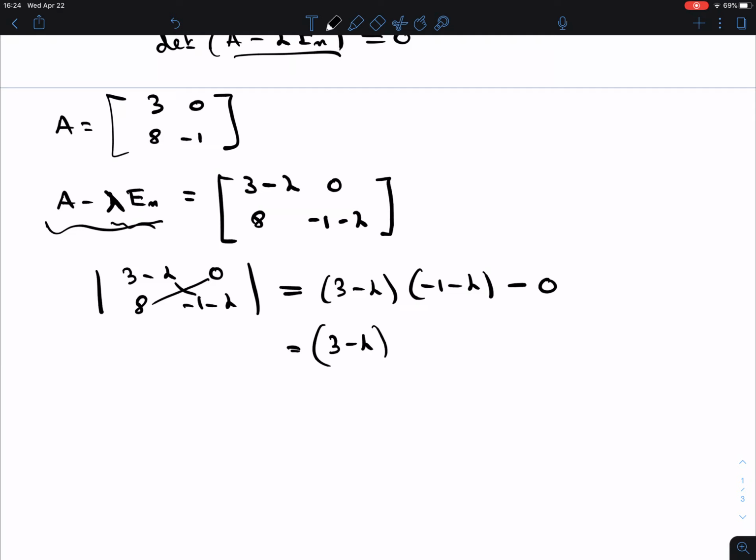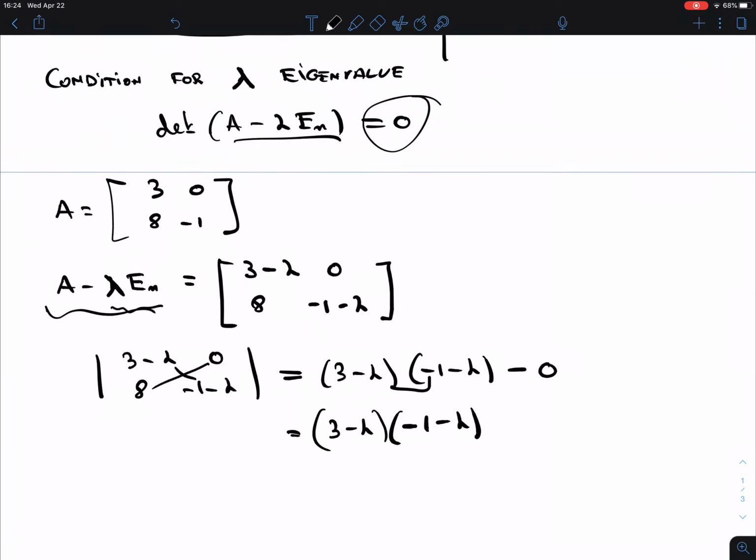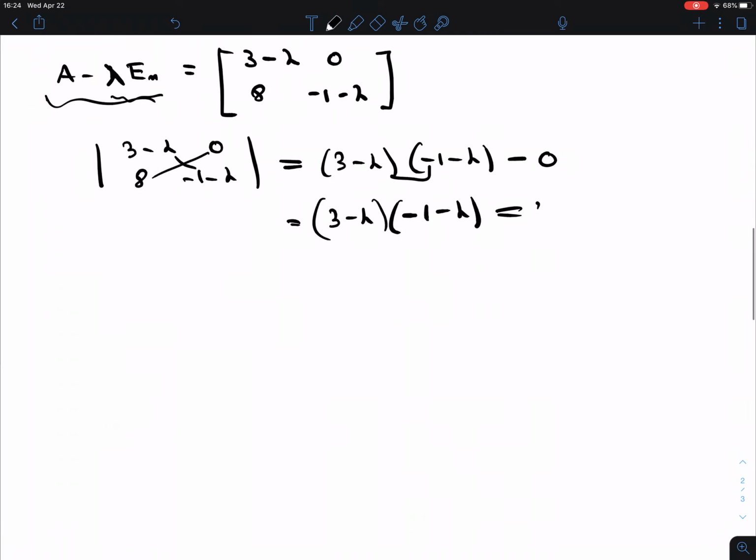It's a bit weird to write lambda in the back, so I factor out the negative here. The condition is that this has to be equal to 0.